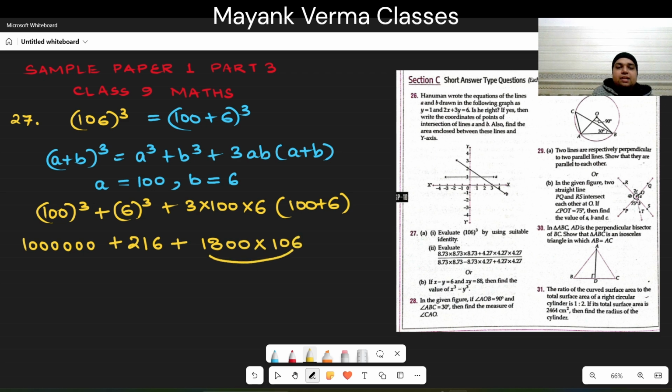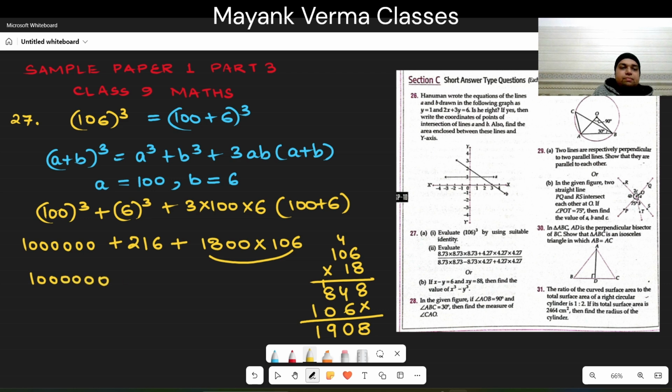So let's multiply these two things here: 106 times 18. 8 sixes are 48, write 8 and carry 4, 8 ones are 8 plus 4 is 12, and then the 1 as it is. You will get 1908, and the two zeros will also be written at the end, giving 190800. Now add 1000000 plus 216 plus 190800.